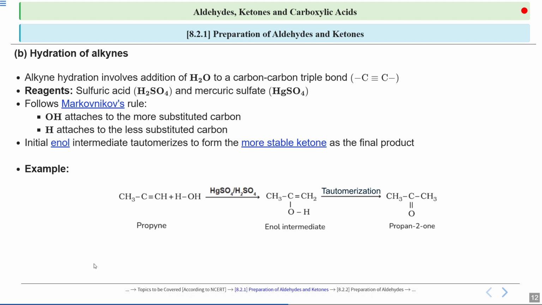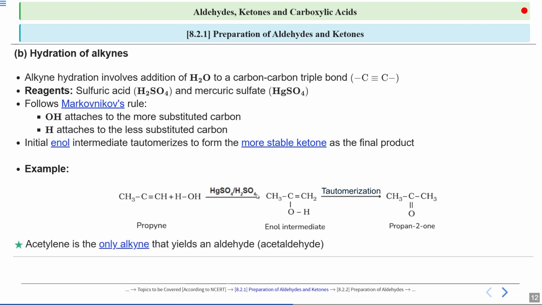If you see over here, water gets attached: OH gets attached to the more substituted carbon, and hydrogen gets attached to this less substituted carbon. Then this enol intermediate tautomerizes to form the more stable ketone. So this is the final product, which is propan-2-one, a ketone. In 1, 2, 3, the second position denotes where the carbonyl group is.